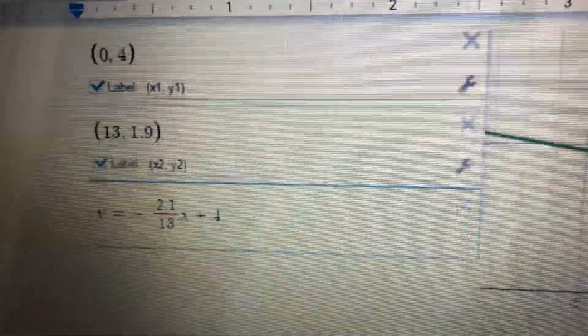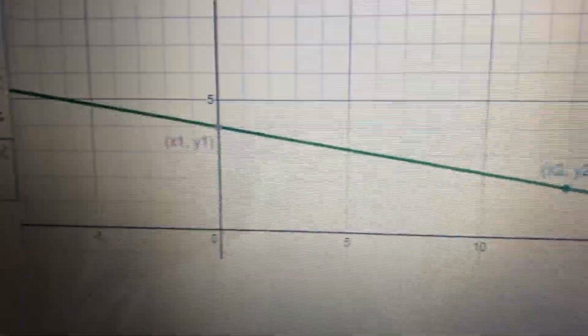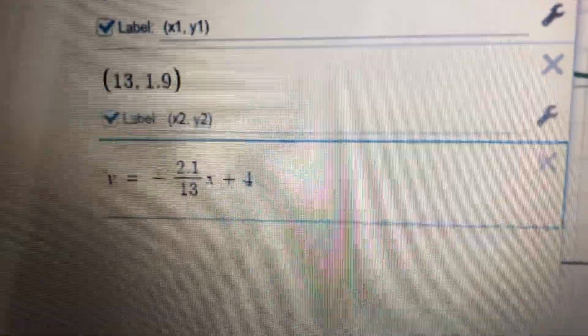See the graph here. I put in the two coordinate points and graph it, and the function should show this way.